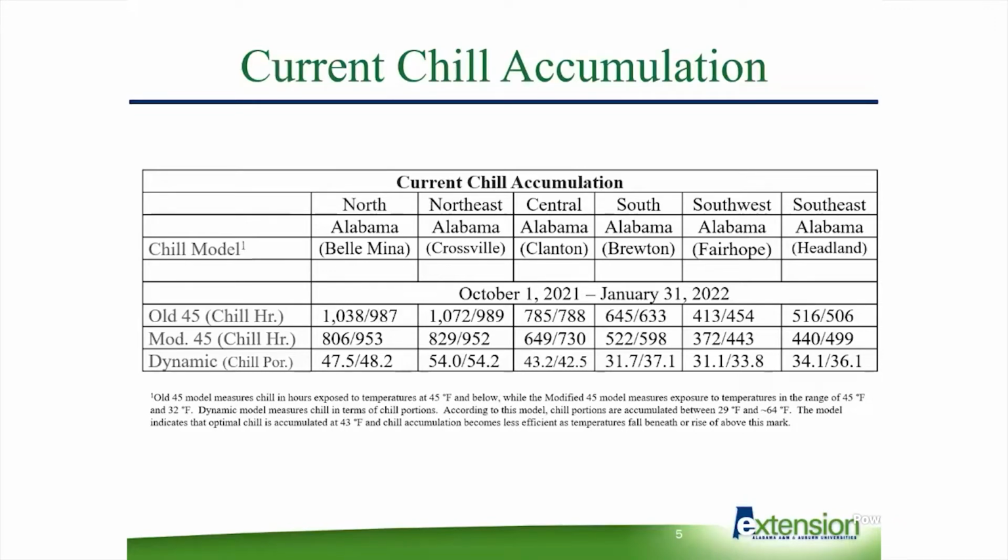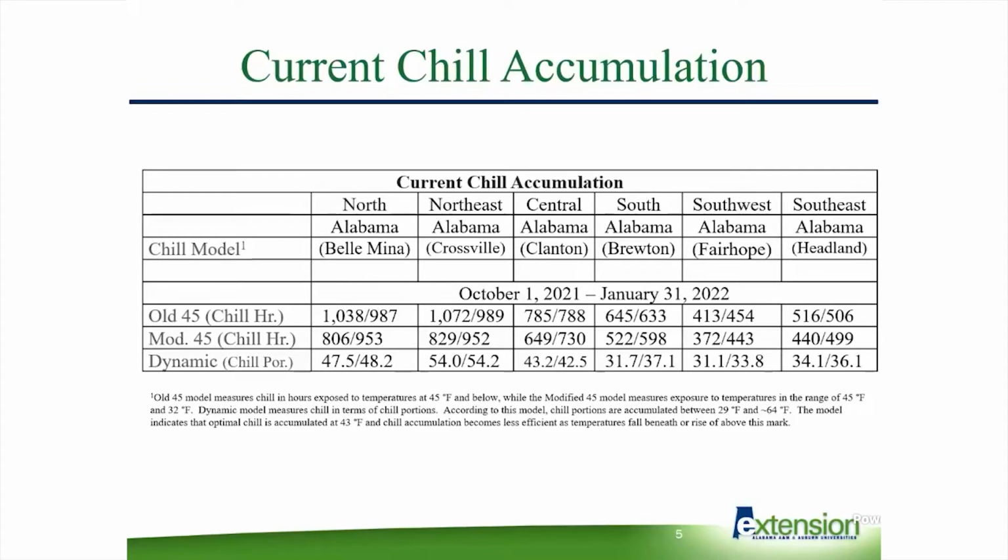Now, where we have the most issues with chilling is in central Alabama, where currently we're at 785. And I should also mention, I failed to mention earlier, you have two numbers there. They have a number followed by a slash and another number. The first number is the current chilling, and the second number is where we were this time last year. And you can see that in central Alabama, we are 3 chill hours behind where we were last year, which is not a big deal.